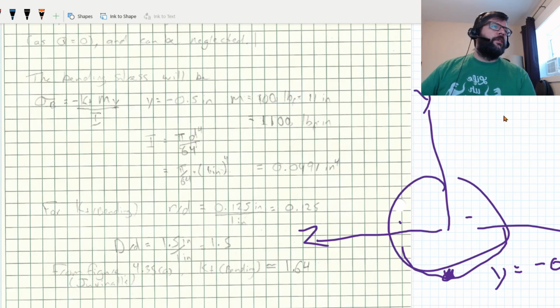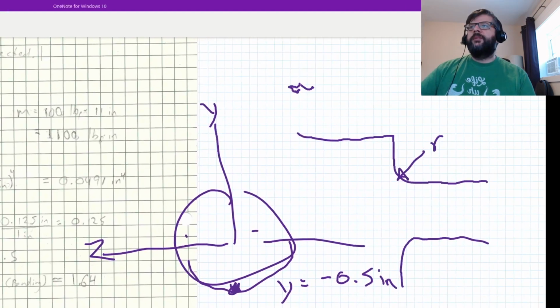So if we're looking at this little section side on, the radius of that fillet there.